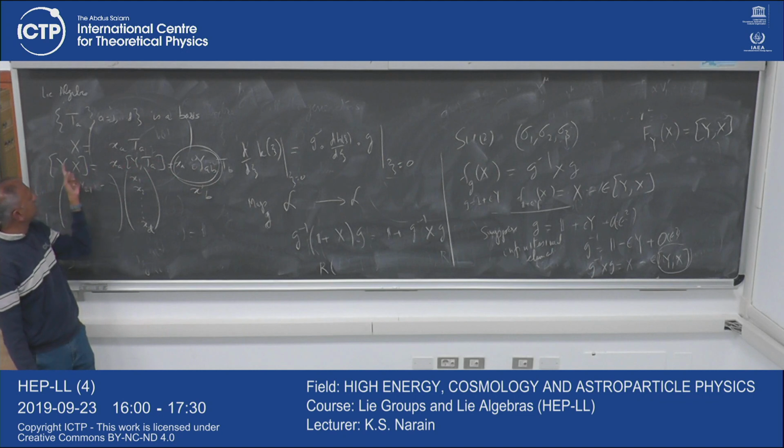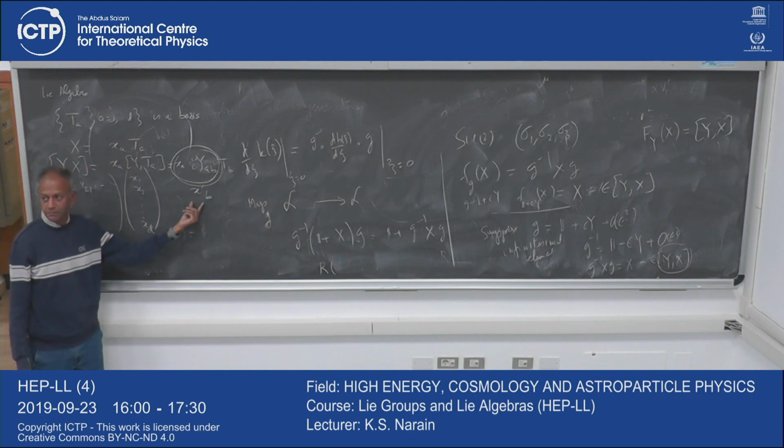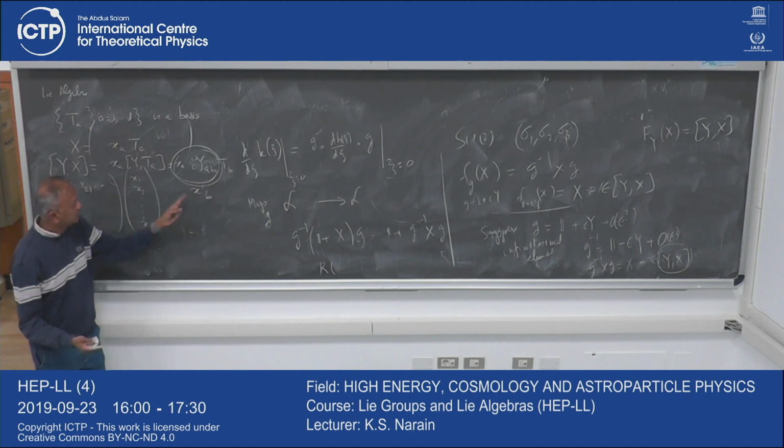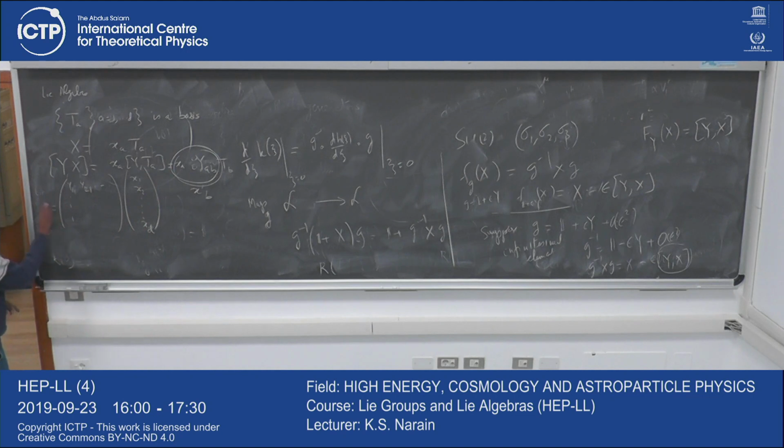The change that has happened due to this action is x_A goes to x prime B. This formula relates x prime 1, x prime 2, etc. These are simply given by the Y matrix times x1, x2, and so on. So this is what I mean by the map. Y is mapped to this matrix, and this is for arbitrary y. So every y is mapped to some d by d matrix.